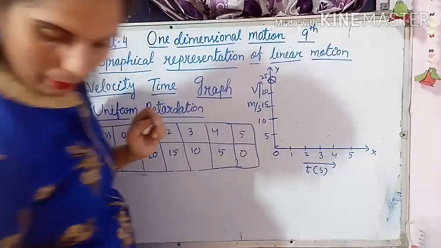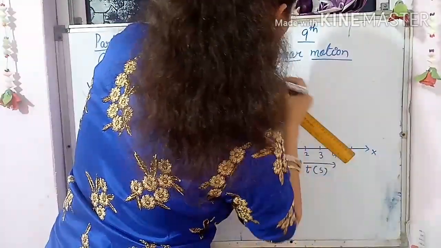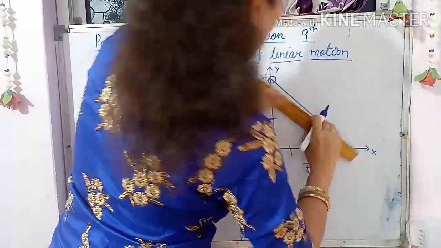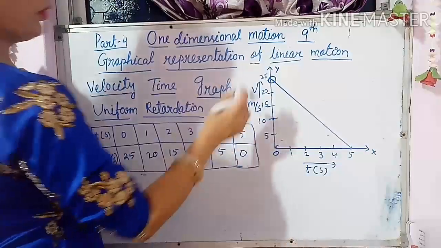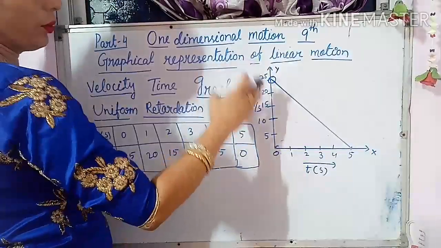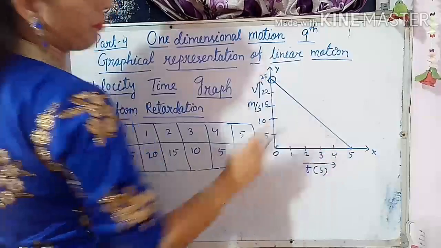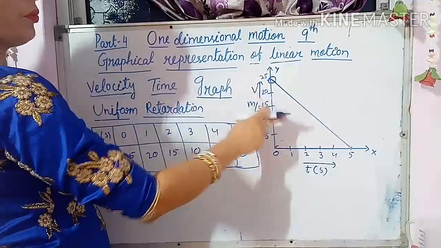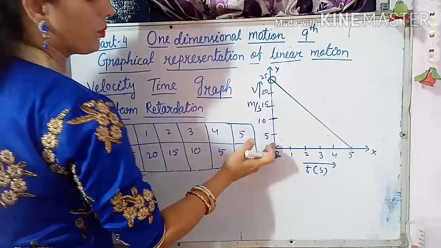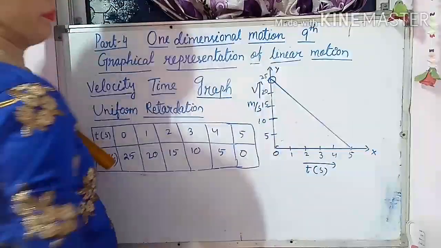I will put it by the scale only. Like this, a straight line will come. So it is your uniform retardation, which means your velocity decreases continuously but in a uniform manner. That is the graph of uniform retardation. At that time you got this type of uniform acceleration, but here you will get this type, uniform retardation.